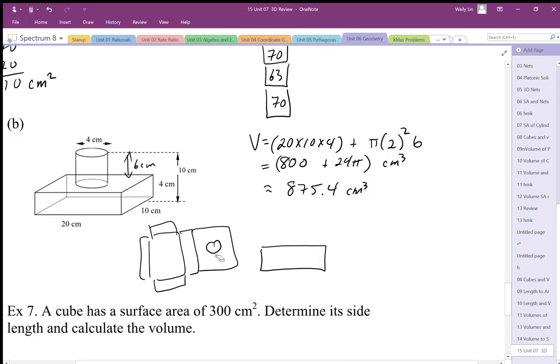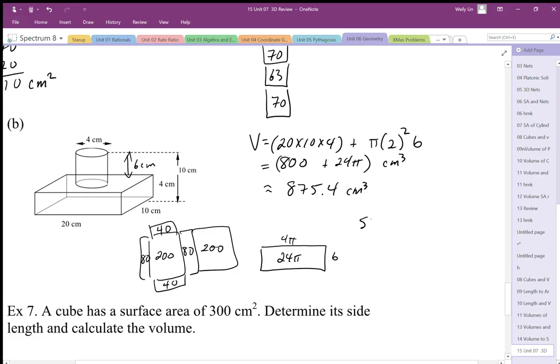Calculating these surfaces then, this is going to be the bottom, the top. The side surfaces look like they're 10 by 4, so 40, 40, and the longer side surface is going to be 20 by 4 or 80 and 80. This is a side surface of the cylinder, so it's going to be the diameter times pi width times 6 height, so I get 24 pi as my area.